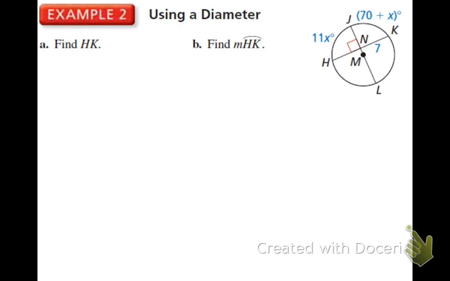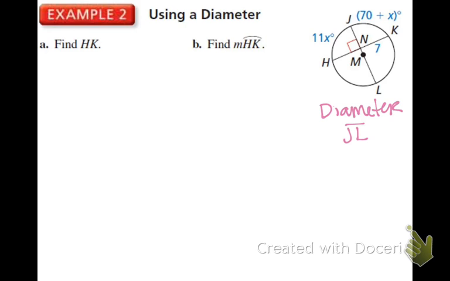So, in this picture, we have a circle. What is my diameter? Clearly we just talked about diameters. My diameter is not HK. JL is my diameter, which makes HK my chord. Diameters have to go through the center. They connect and they form 90 degrees.